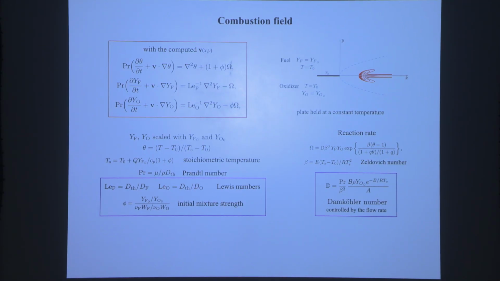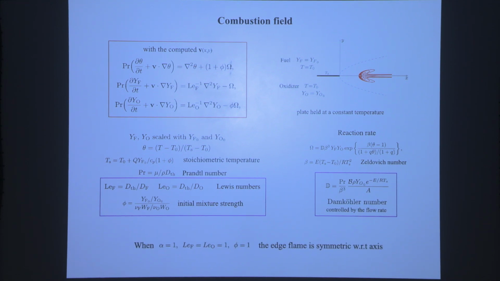And so theta is the deviation of the temperature. It's just a simple way to rewrite the equation. And the phi here is the same phi that I have defined before. It's like a mixture strength, and we have, of course, the Damköhler number here, which is inversely proportional to A, which is related to the extent of the flow. So it's controlled by the flow rate. What else? That's what we have. Okay.